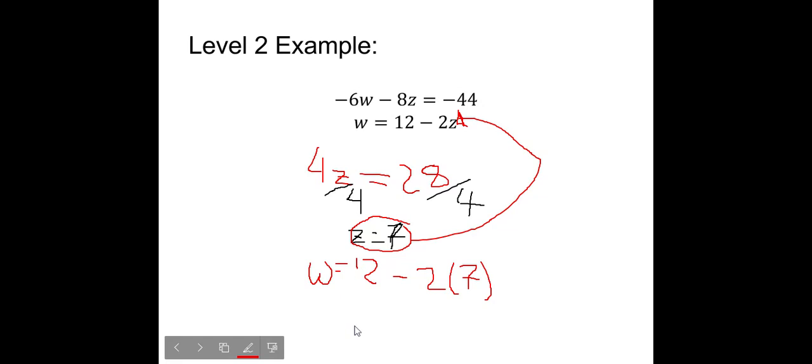So 12 minus 14, w should equal -2. So don't forget, if you have a variable in an expression but not as a constant, you still have to go back and find that variable.